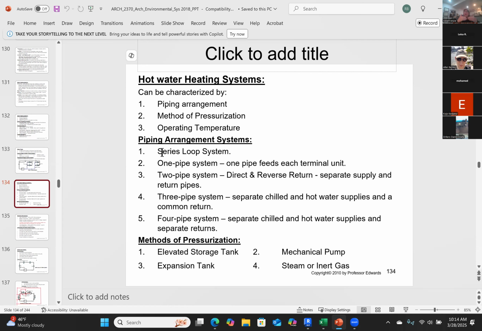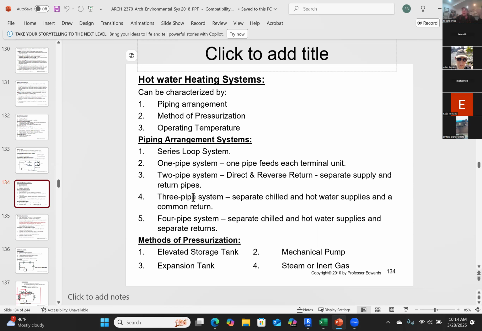So I said one pipe system, two pipe system, three pipe, or four pipe. One pipe, it's supply and return only, one pipe. Two pipe system, supply and return, two different pipes. One takes the hot water to the terminal unit, and another separate pipe takes it back.